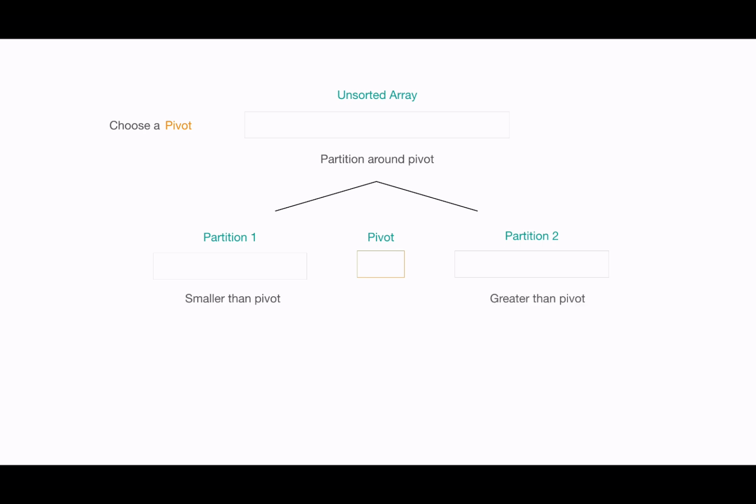And if it is equal to the pivot, we can move it either side, left or right. And then we continue to choose a pivot and perform partitioning until all elements get sorted.